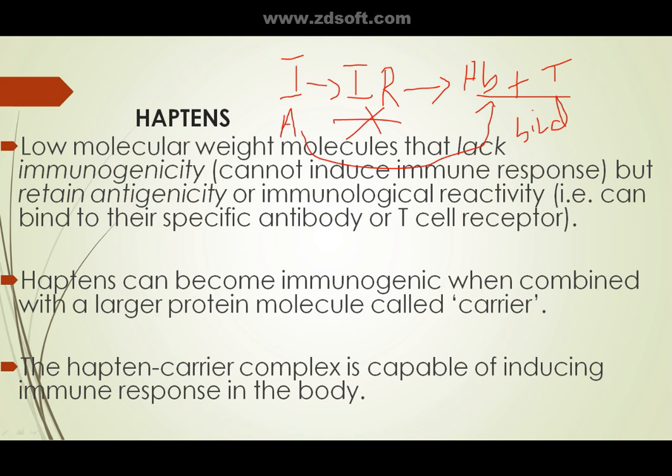But if you want to make this hapten an immunogen, then I have to combine it with a carrier protein. Haptens can become immunogenic when they are combined with larger protein molecules called carriers. The hapten carrier complex is capable of inducing the immune response in the body. Hope it is clear. Just read the slide once again.